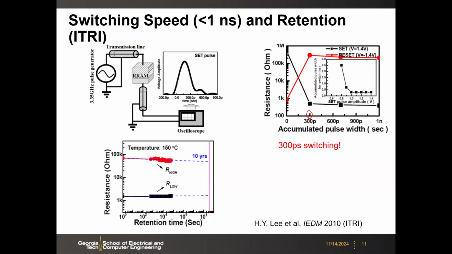Question for you. Retention test. What is the standard way to do the retention test? Assuming the physics is governed by the thermal process, you have to vary the temperature and then do the temperature accelerated aging. So anyway, this was some early work that demonstrated the potential of this device.